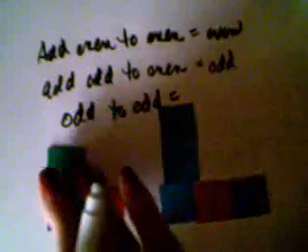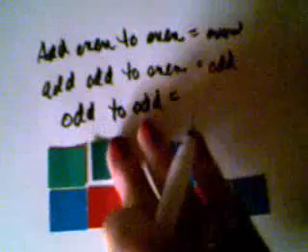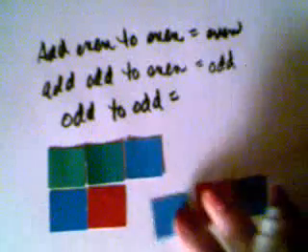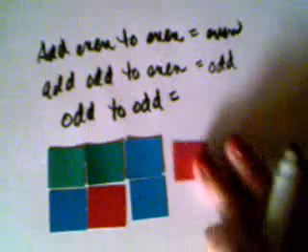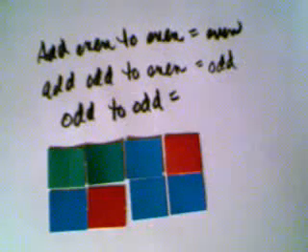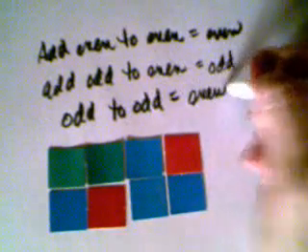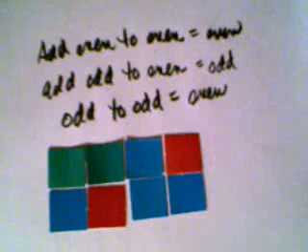So I'm going to begin moving to see if I can create a rectangle, which I can. So an odd added to an odd gives an even result.